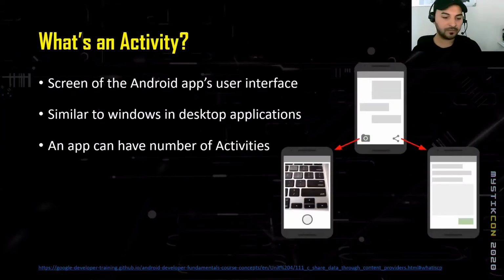Yeah, so as I was talking about activities, I referred to activities quite a few times. Now, keep this in mind: when you're doing Android pen testing, or you want to learn about Android security in general, you can't just blindly go into this platform.